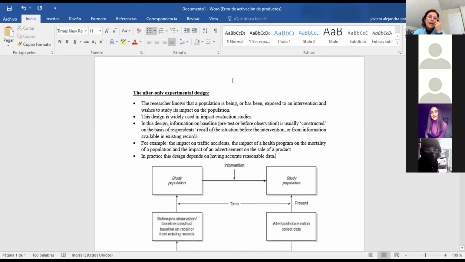And then you have the only-after experimental design that can also happen. It's a design in which you don't have the pre, you don't have the data from the moment before the intervention.